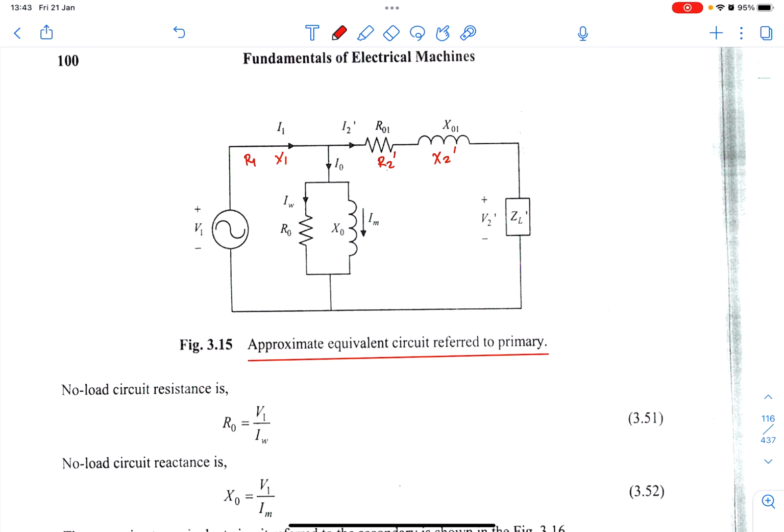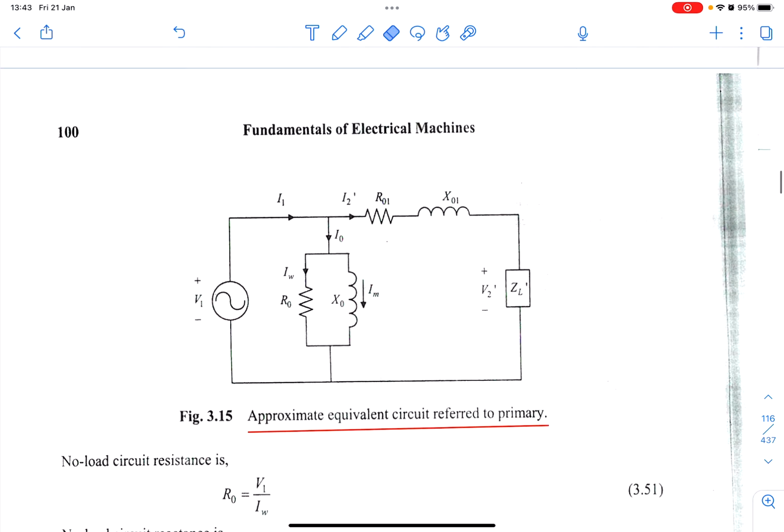Now the diagram looks different, where you do not have R1 here and you do not have X2 prime and R2 prime here. So let's look at the theories behind it. Why does it happen? Why does the circuit become like this?